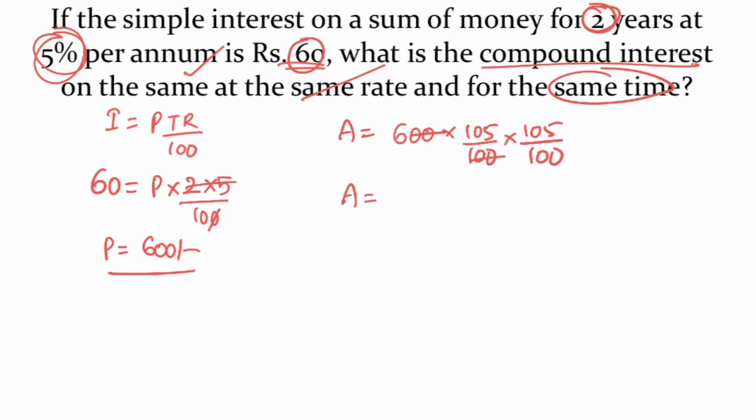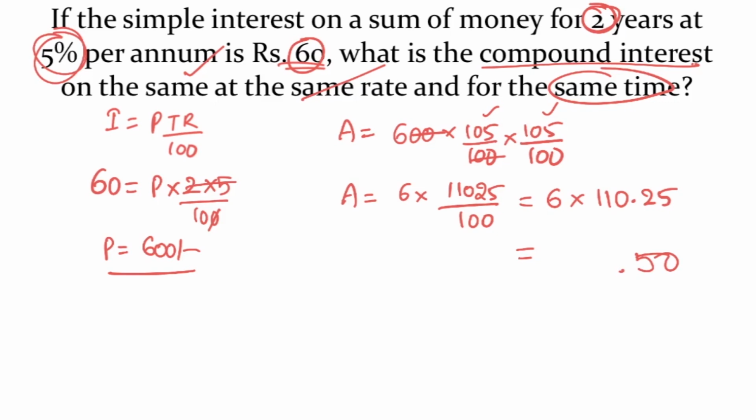Amount is 6 into 105 into 105, 11025 divided by 100, that is 6 into 110.25. 6 into 25, 150. 6 into 0, 0, 1. 6 into 11, 66. So the amount is 661.50.